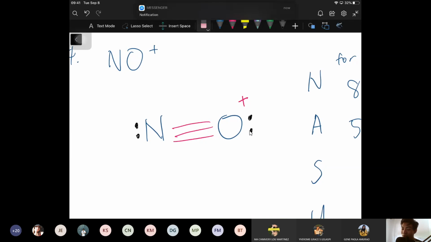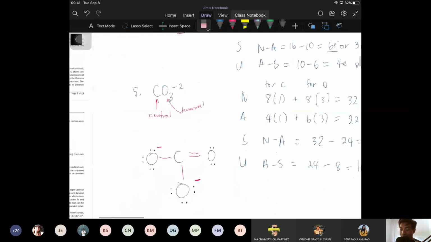We can violate the guidelines for the formal charges if and only if there are no other possible structures. Pag isa lang yung pwede, hayaan mo na yung oxygen na maging positive even though it is electronegative. Hayaan nyo na yan. Okay na yan. Ganun lang yung idea.